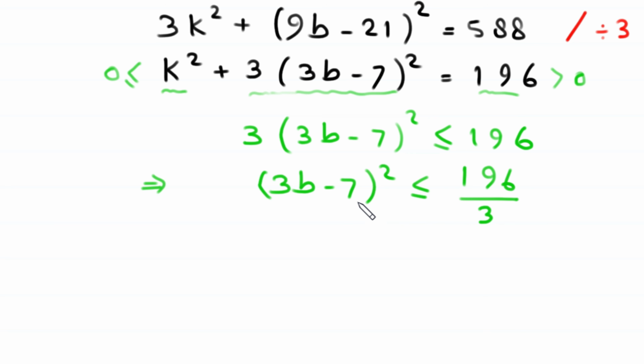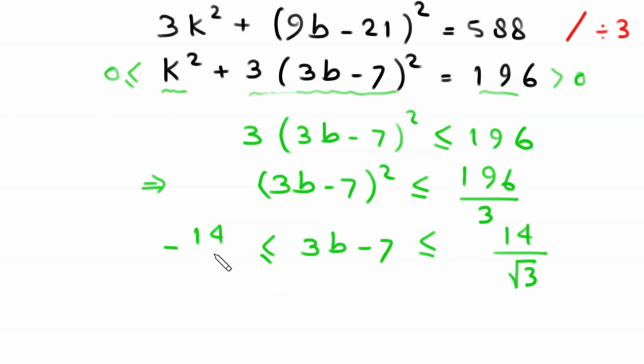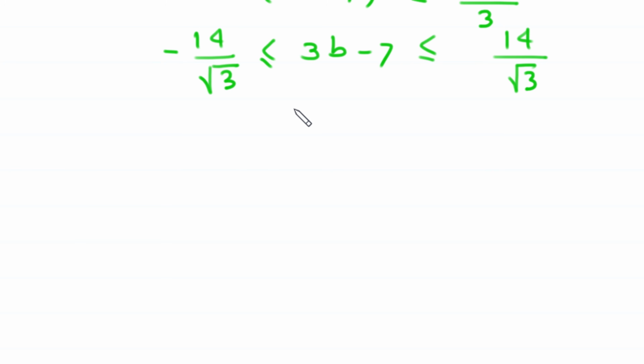And if we take a square root of this, it implies that 3b minus 7 is less than or equal to 14 divided by root 3, and 3b minus 7 is greater than or equal to negative 14 divided by root 3. Since b is a positive integer, this 14 over root 3 is approximately equal to 8, and this is equal to negative 8.